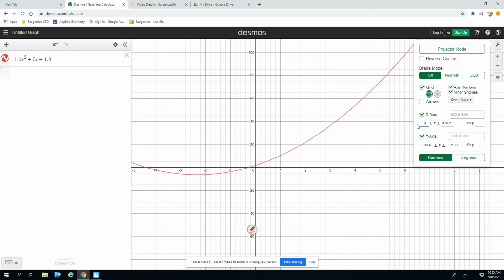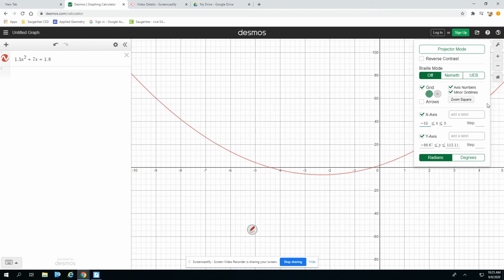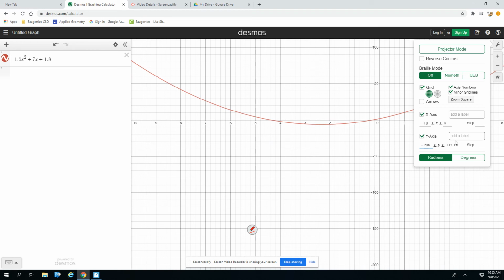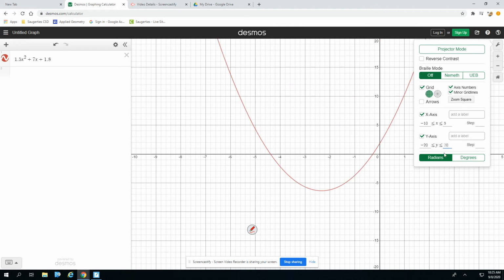I'm going to keep this -5 to 5 here. And this is kind of what graphing's like. Sometimes you have to make some changes. I definitely need more on this side. So maybe I'm going to go -10 to 5, and maybe I'll go -20 to 20 over here. So this kind of zoomed in. I did not have to do that.